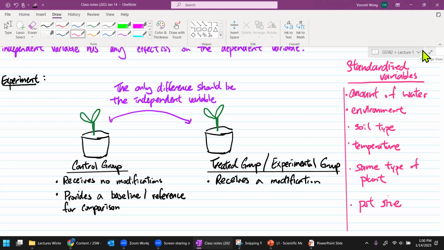So that if we see one of these plants being taller than the other, we can say with confidence it was caused by the amount of sunlight, and not any of these things. Which is why, once again, between the control group and the treated group, there can, at most, be one thing that's different. If you have more than one thing that is different, then you don't know. Was it the sunlight? Was it the water?